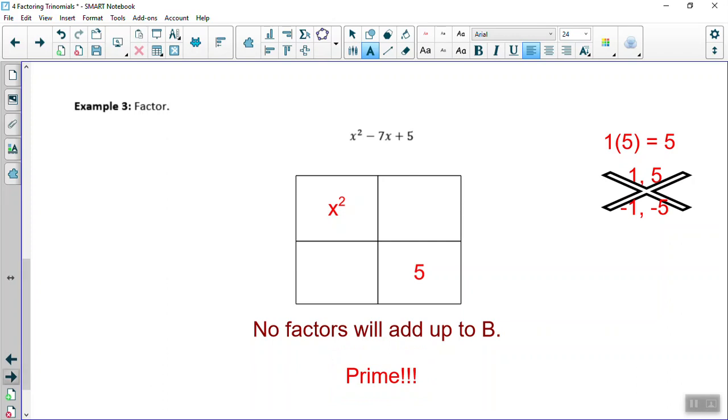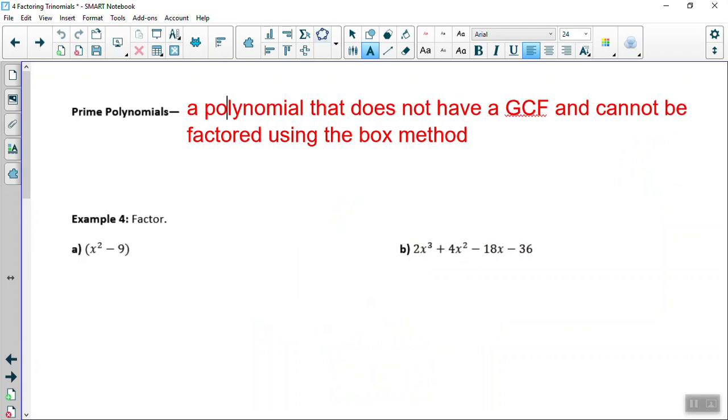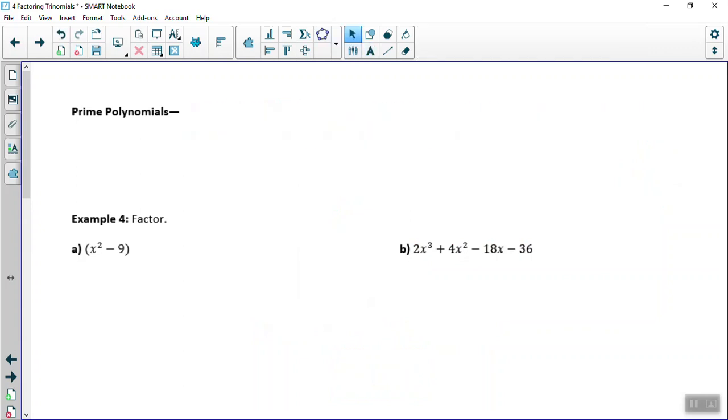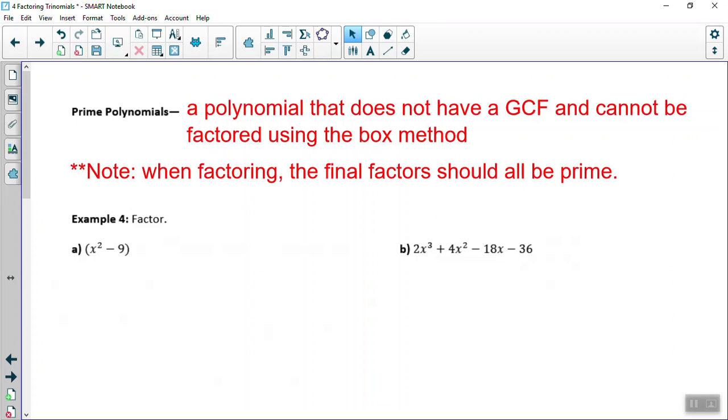So what does that mean? Well, a prime polynomial is a polynomial that does not have a greatest common factor and cannot be factored using the box method. So a quick little note, when factoring, our final factors should all end up being prime.